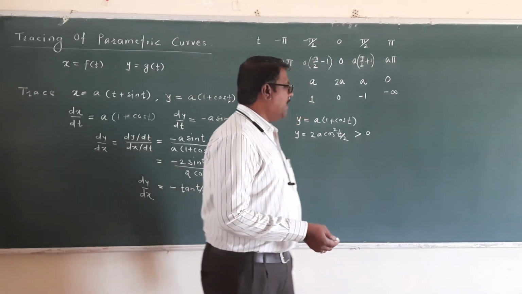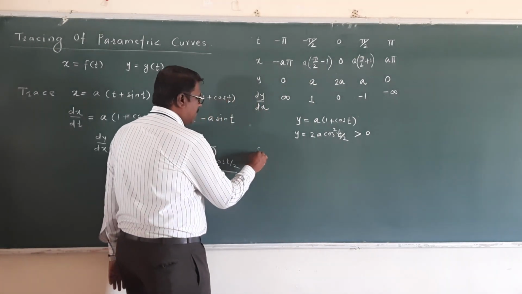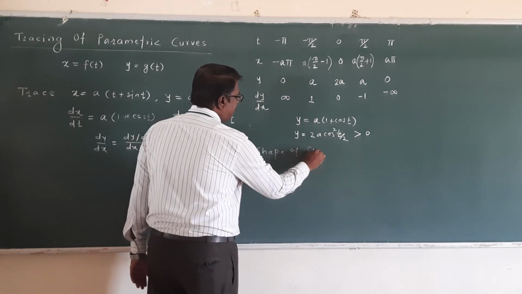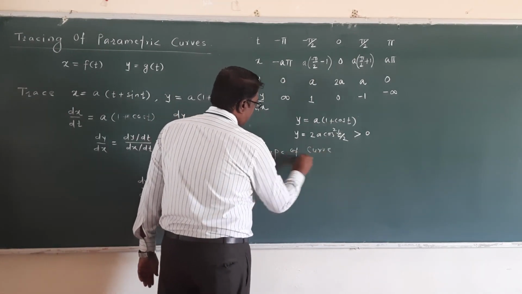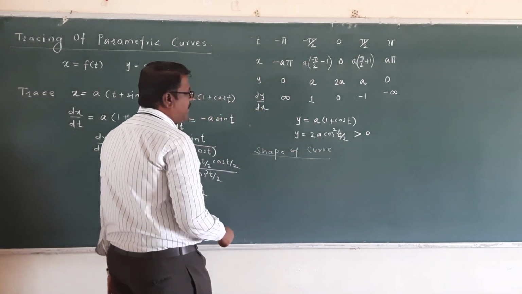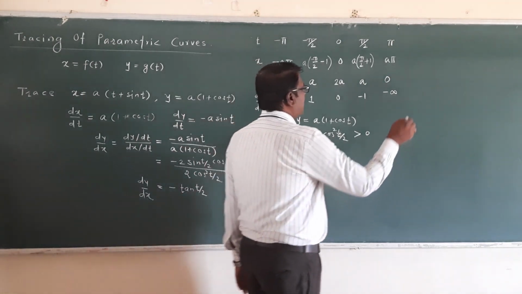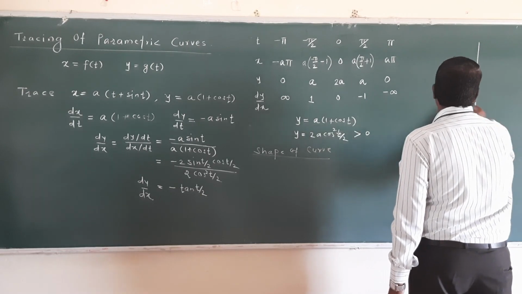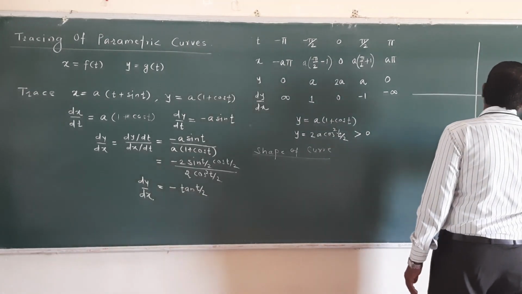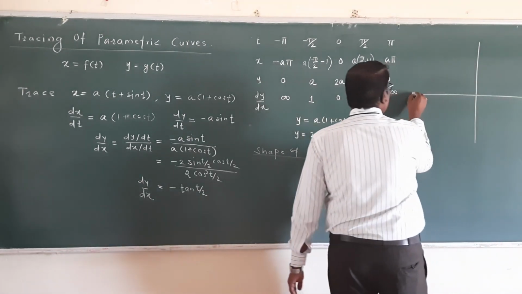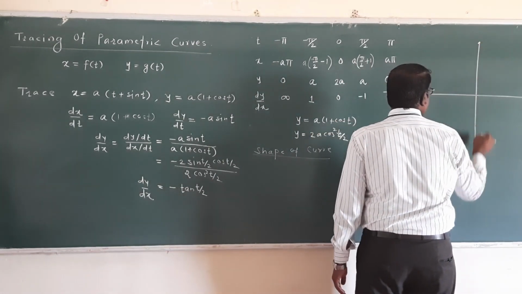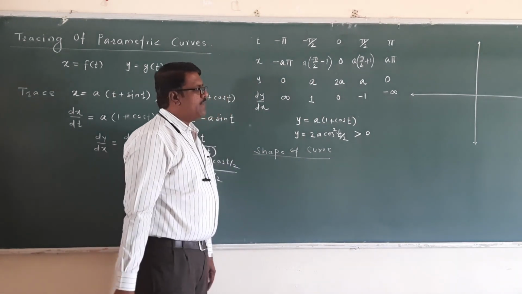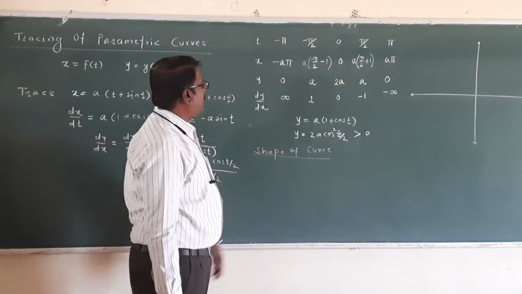Here I will draw the shape of the curve. While tracing the curve, first we will draw the x-axis and y-axis. Now we will plot the points and the tangents at these points.